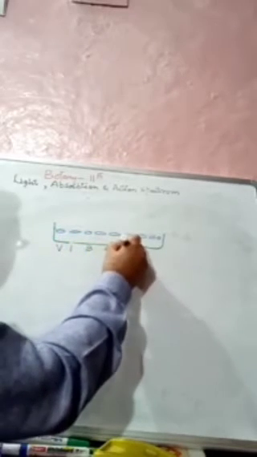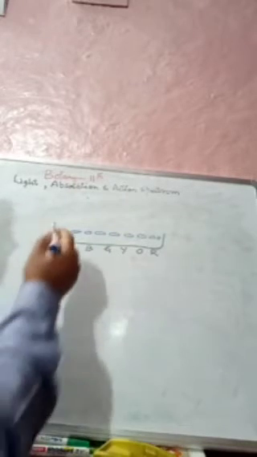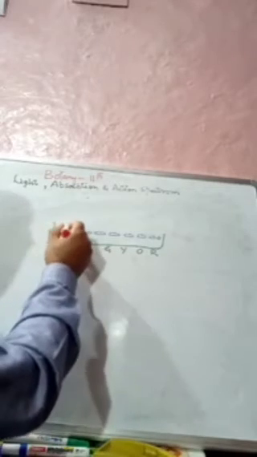Again, I will draw this: violet, indigo, blue, green, yellow, orange, and red. When the sunlight falls, this alga is in the water.